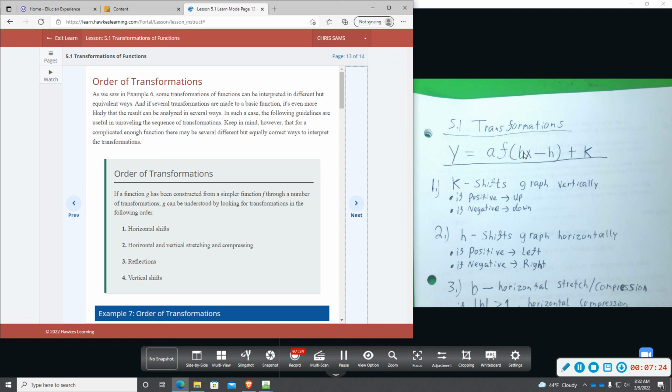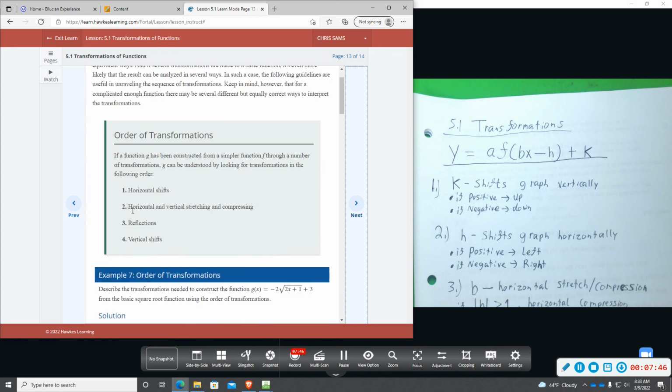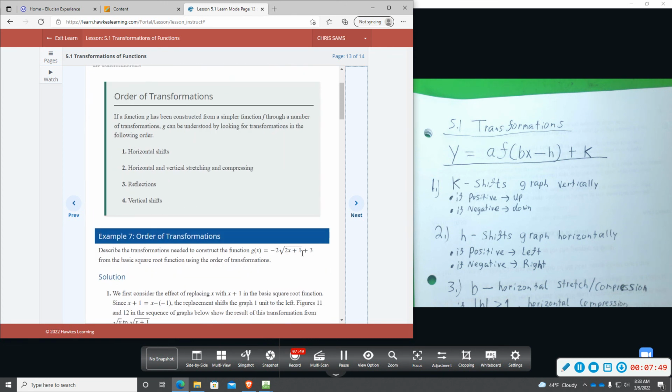So you're going to take care of that, and then reflection. So after you shift and do this, then you're going to reflect if this has a reflection, and then you're going to reflect this one if it has a reflection, and then you're going to shift that one last at the back.